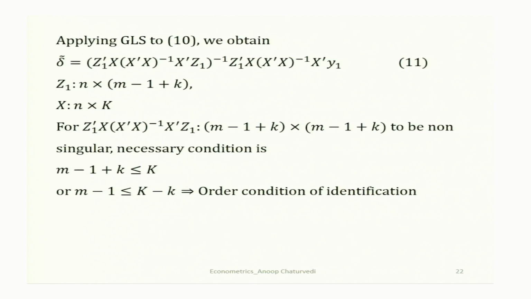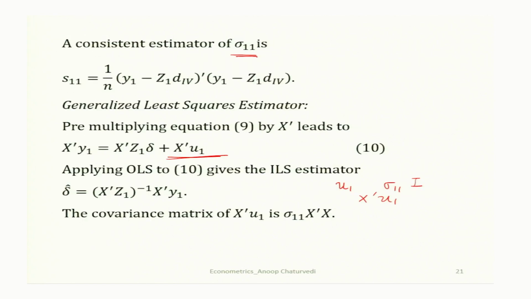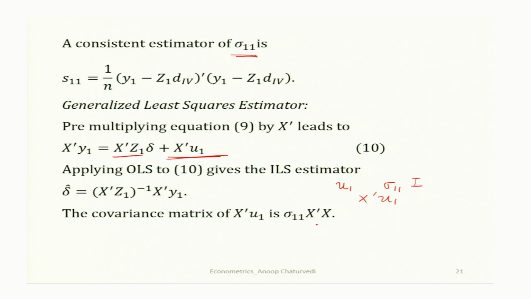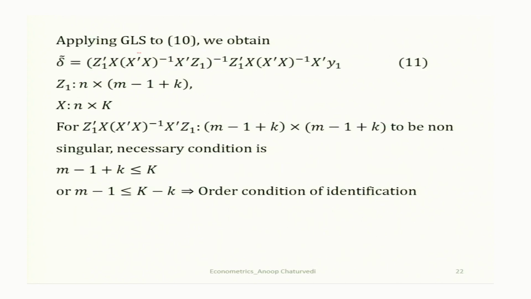Now, suppose we apply GLS to equation 10. Then what do we get? We denote it by delta curl. You have matrix X transpose Z1 here, so we take its transpose, Z1 transpose X. Then you have the inverse of this variance covariance matrix, X transpose X inverse.